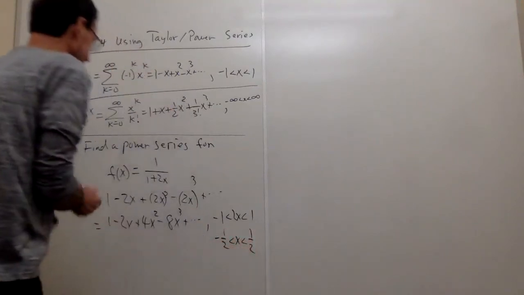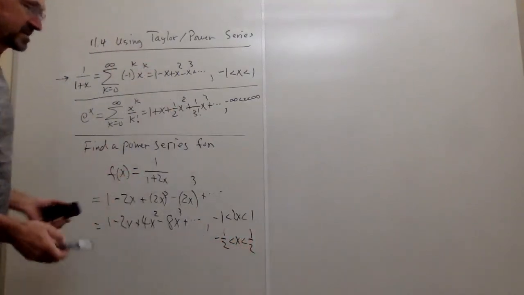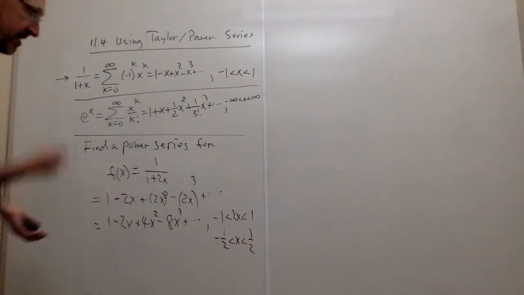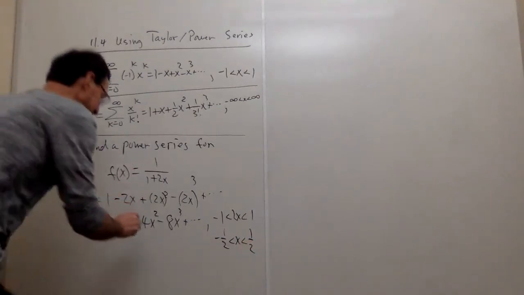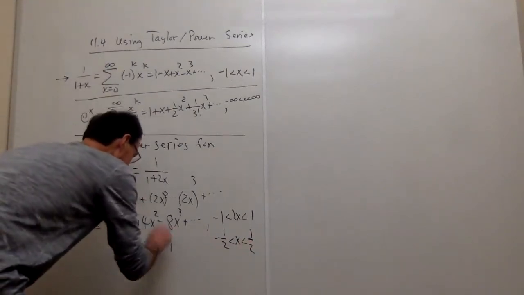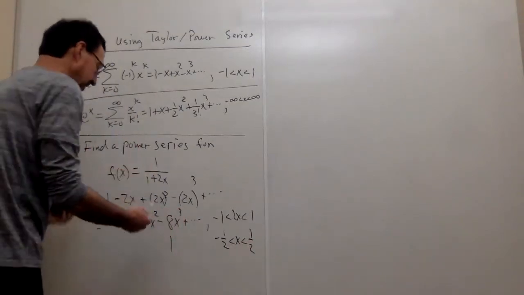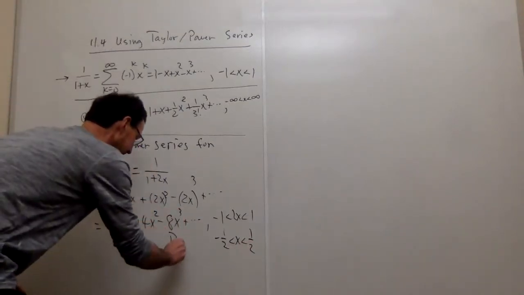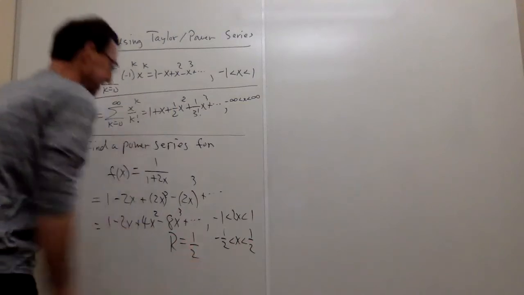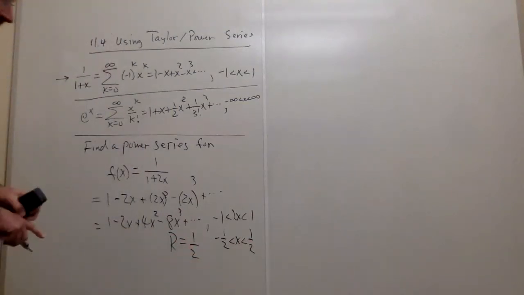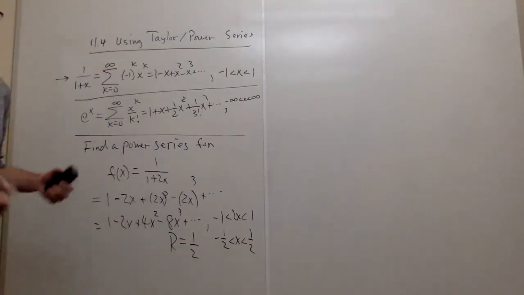And so we see that plugging the 2 in there affects the radius of convergence. In particular, it cuts it in half. So this power series converges to this function, but it only does it inside -1/2 to 1/2. It just makes sense.